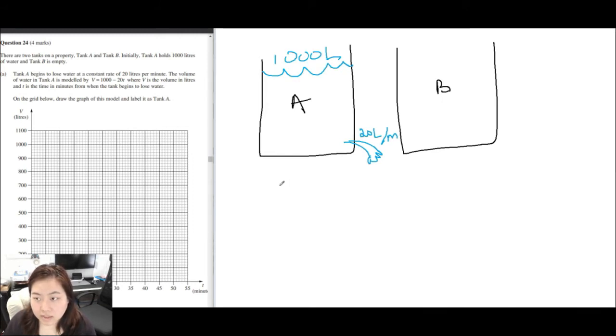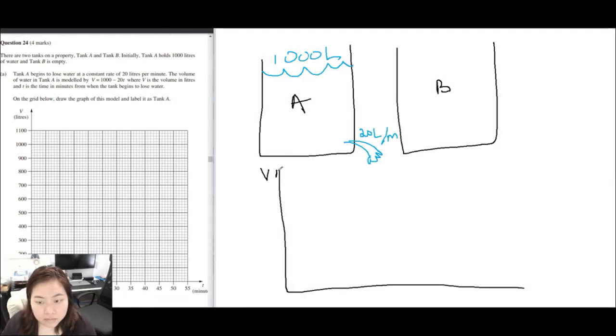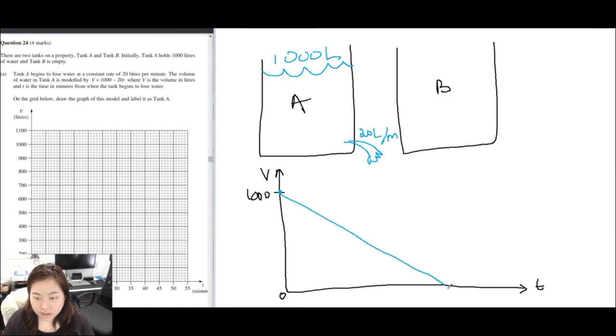Alright, easy enough. Oh, going off screen again. I'll try not to do that. Starts off at 1,000 liters. V is equal to 1,000 minus 20t. This is a straight line, just a straight line down.